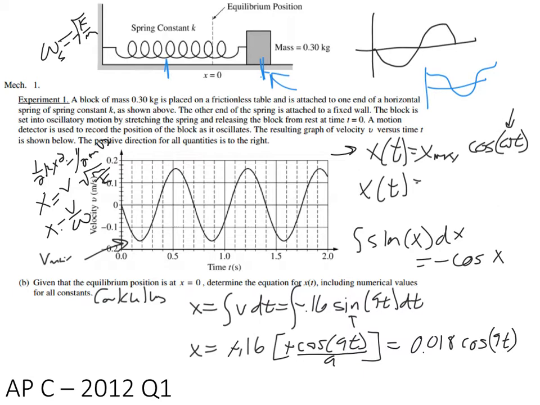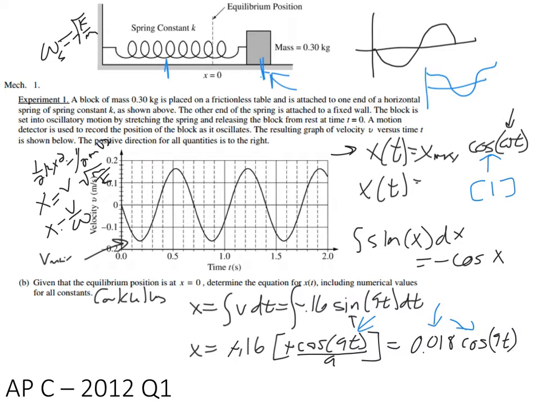Now, you would have gotten 1 point for realizing that your answer should be cosine. And then you got 1 point for getting the proper position.